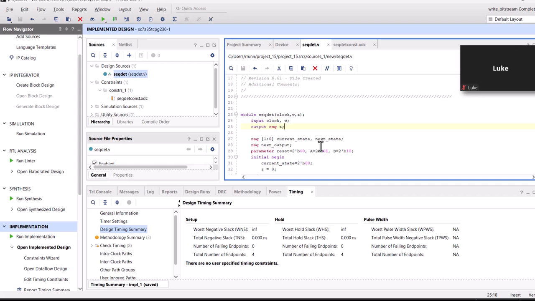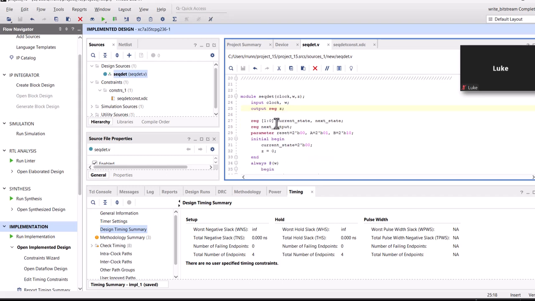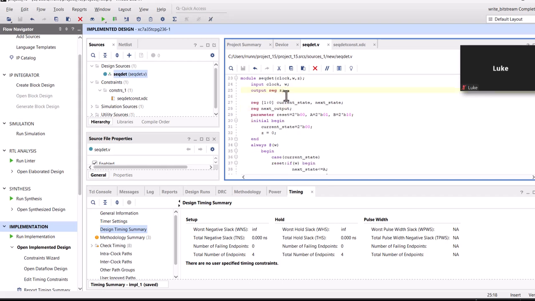Okay, so if you look at this code here, notice my inputs are my clock and another input, and I've got my output. Just like in the one we did, I'm not going to have this next output.